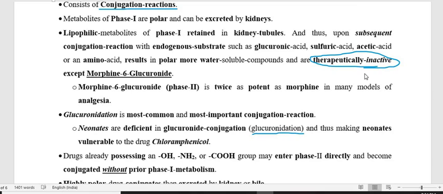When you administer morphine as such, within the body it gets converted by a phase 2 metabolizing enzyme into the metabolite morphine 6 glucuronide, a phase 2 metabolite. This morphine 6 glucuronide is not inactive, rather it is active, and its activity is about 2 times that of the parent compound morphine. So this is very very important.